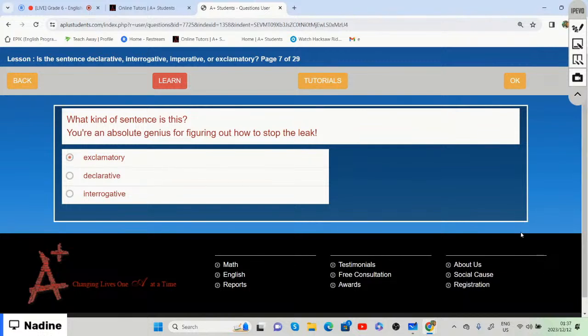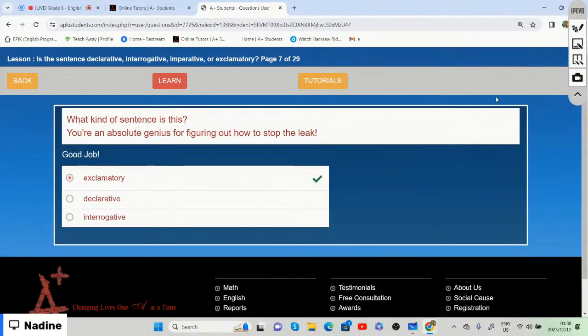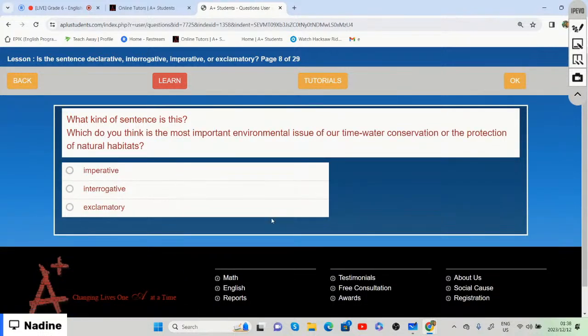Because an exclamatory sentence ends with an exclamation mark, and it's basically just a statement. All right, so it's an exclamatory sentence.